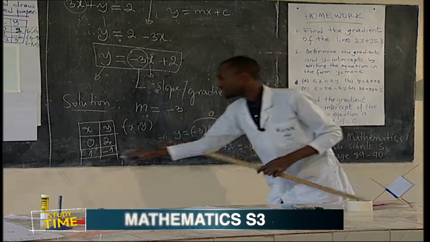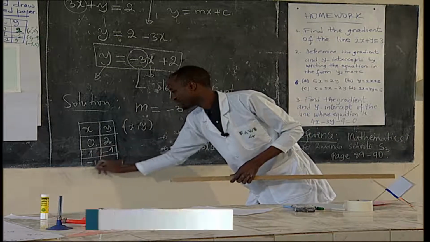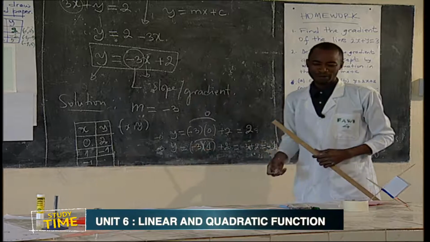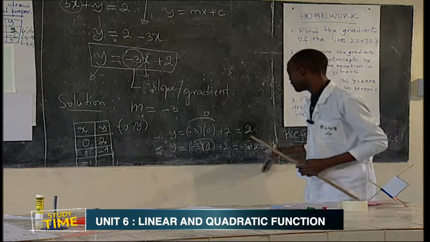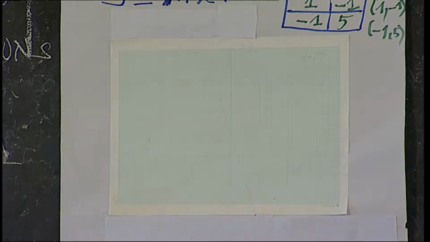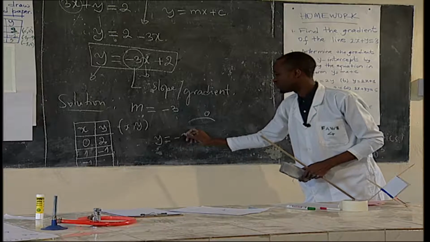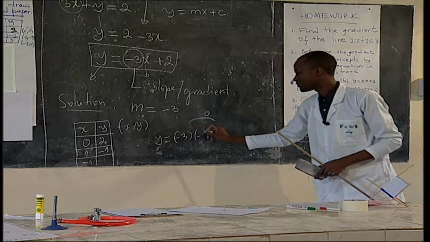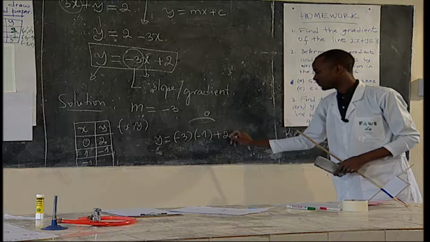Let me say that maybe x is equal to -1. If x is equal to -1, let's find together the value of y. y will be equal to -3 times -1 plus 2.